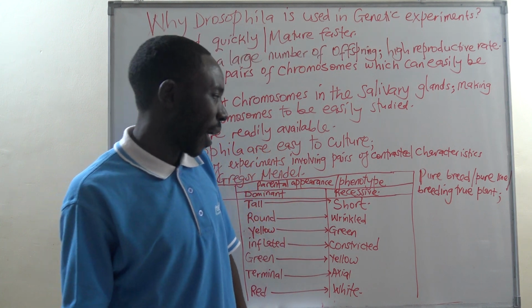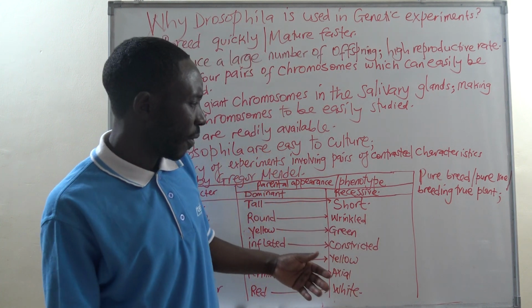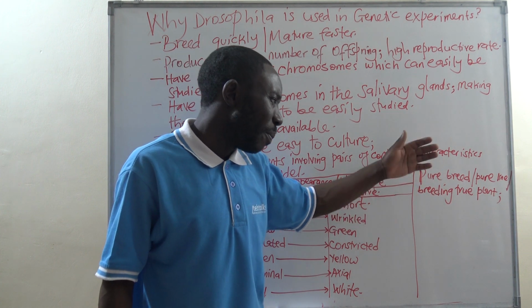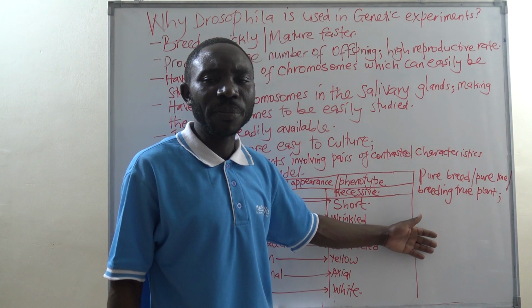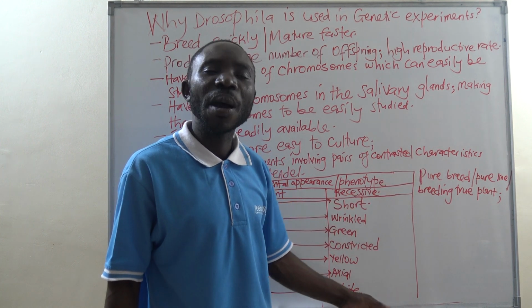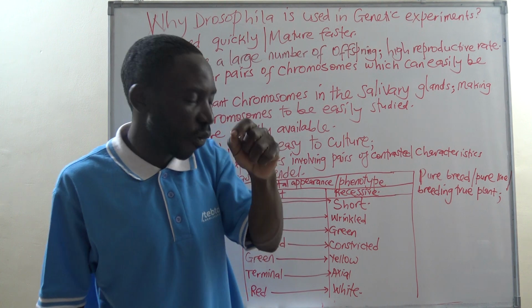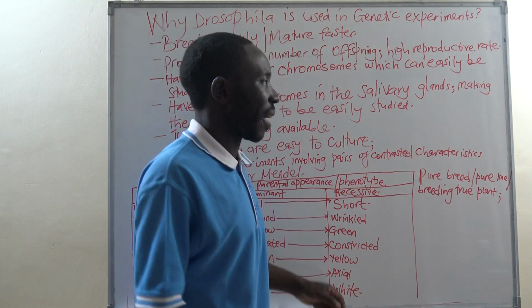That is how I can best express it, that a pure breed or a pure line or a breeding true plant or organism is an organism which is in homozygous state for its trait or for its character.